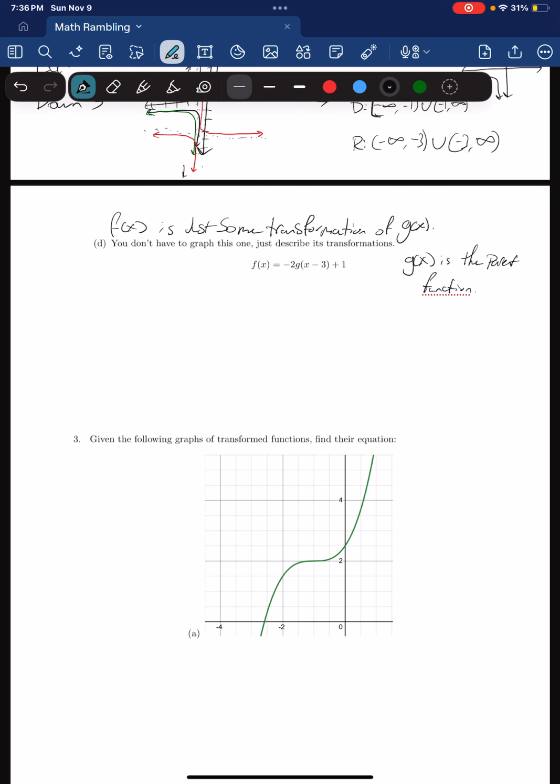So g of x is our parent function. What are we doing to g of x? Well, we're flipping it over the x-axis. We're stretching it by a factor of 2. And then we have a horizontal shift here by right 3.